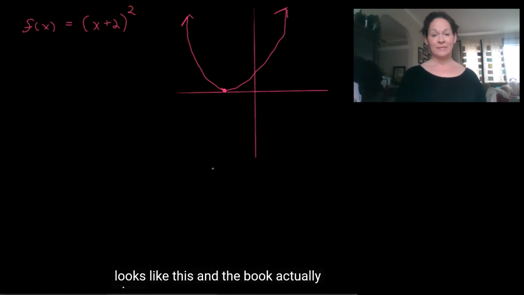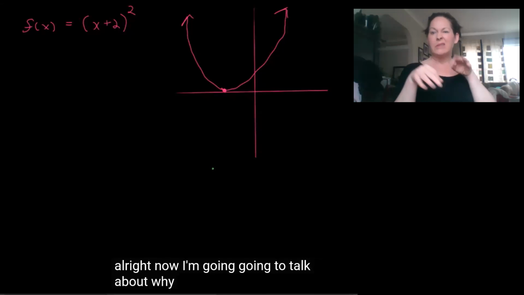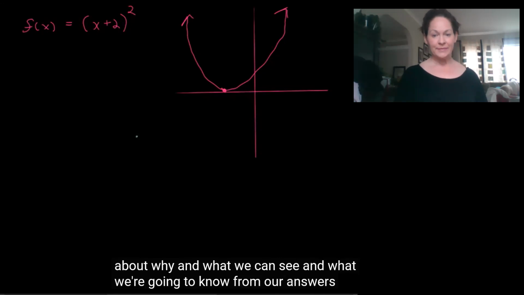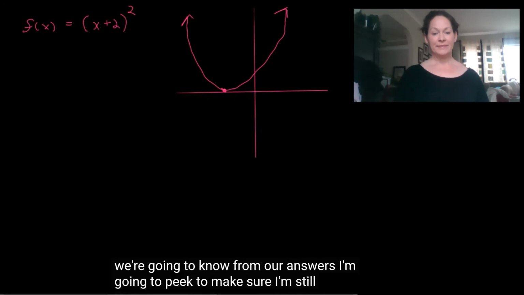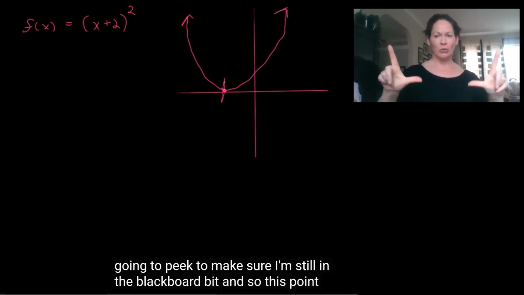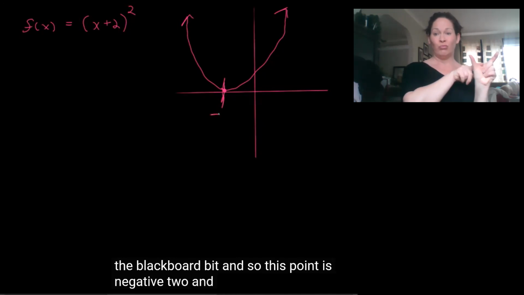And the book actually gives a particular domain to look for, but right now I'm going to talk about y. And what we can see and what we're going to know from our answers. I'm going to peek to make sure I'm still on the blackboard. Good. All right. And so this point is -2.